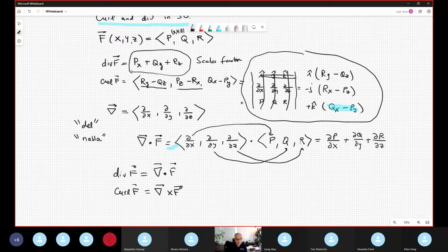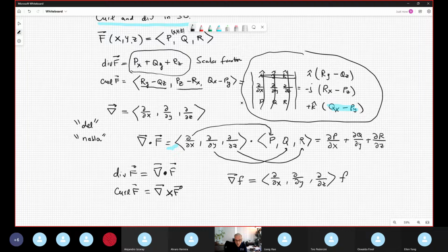But I have more. The first time I saw the del or nabla operator was in the gradient. But in this case, no dot product and no cross product. It's just regular multiplication, no? So now suppose you have partial derivative with respect to x, comma, partial derivative with respect to y, comma, partial derivative with respect to z, and now here we have a function f, not a vector field, a scalar function, and it's a regular multiplication.